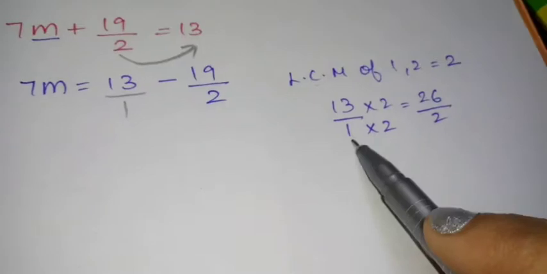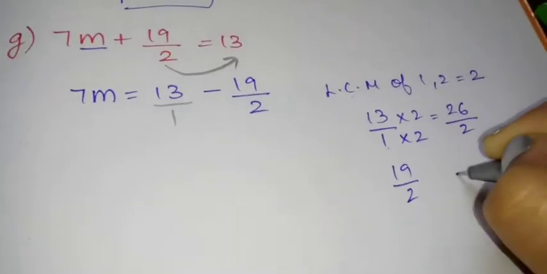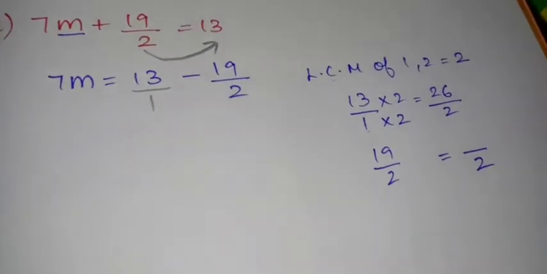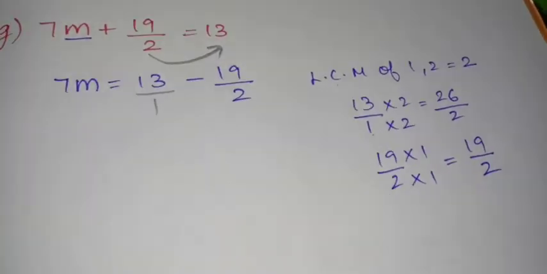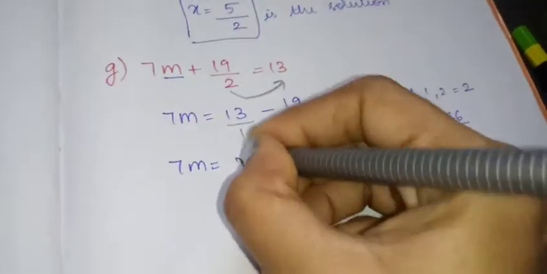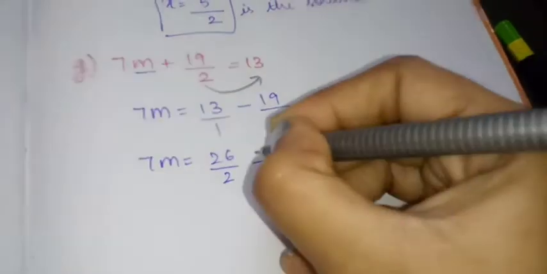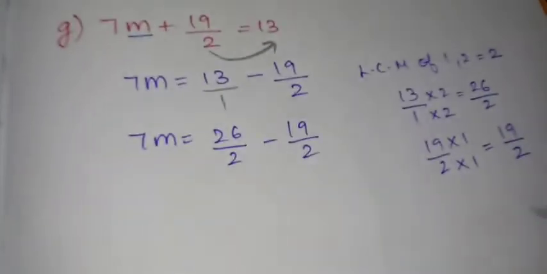So 13 by 1 will become 26 by 2. Next, 19 by 2 will stay 19 by 2, as I want the denominator as 2. So 7m is equal to 26 by 2 minus 19 by 2.